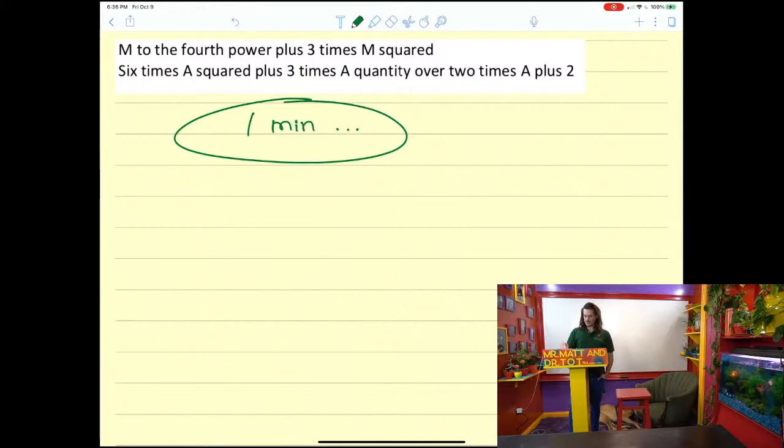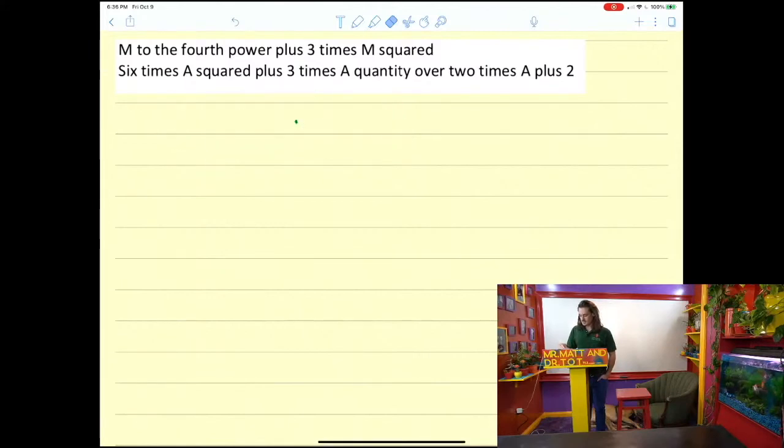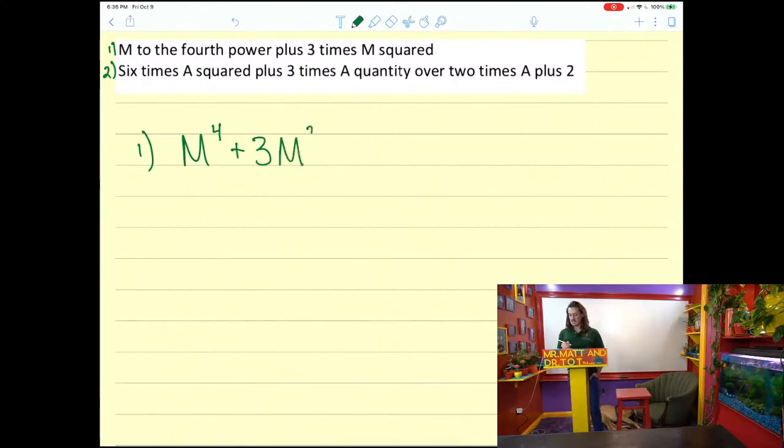Okay, so let's go through these. First one, I'll call this one 1, this one 2. M to the 4th power plus 3 times m squared. So m raised to the 4th power plus 3 times m raised to the 2nd power. So that would be number 1. Number 2, we have 6 times a squared plus 3 times a, quantity over 2 times a plus 2.